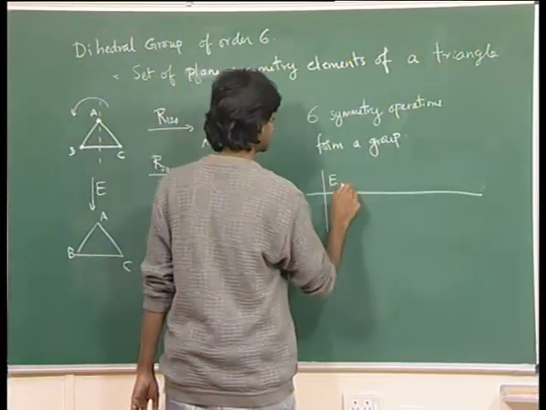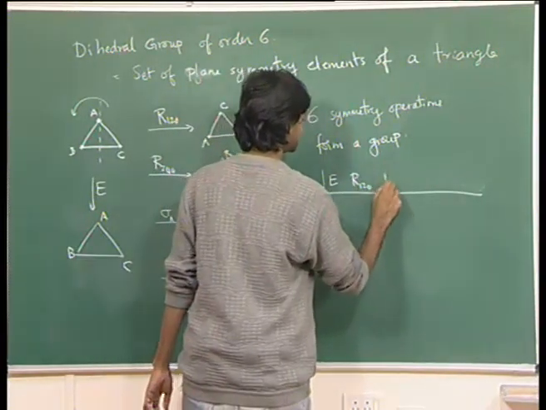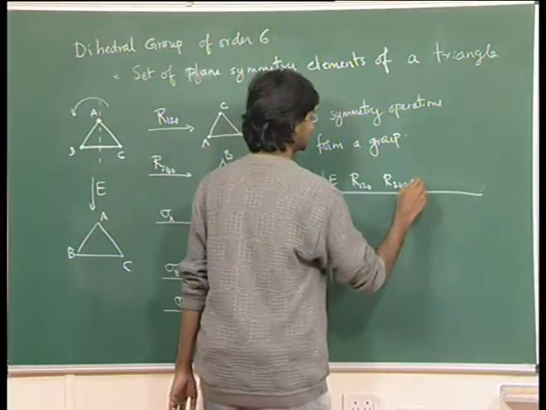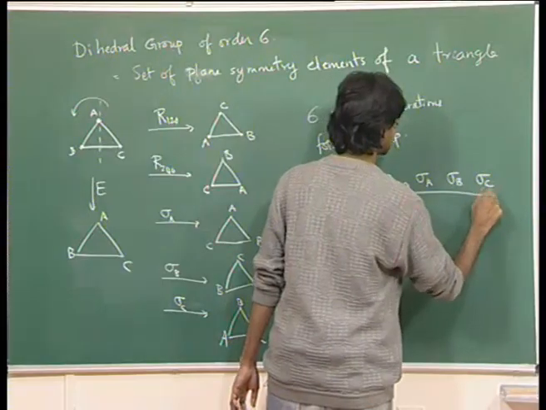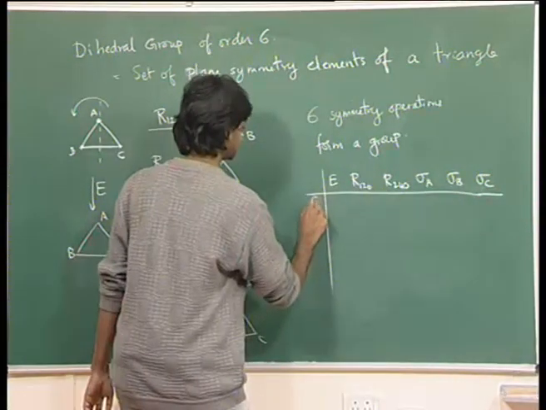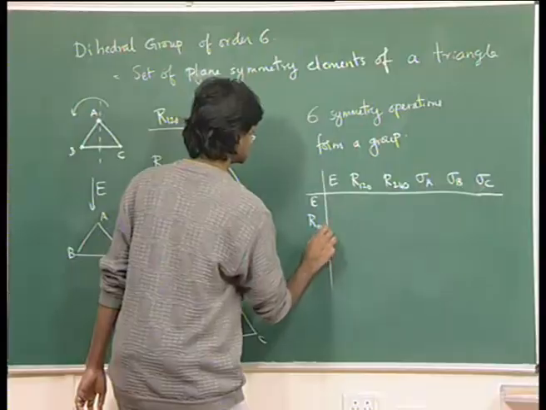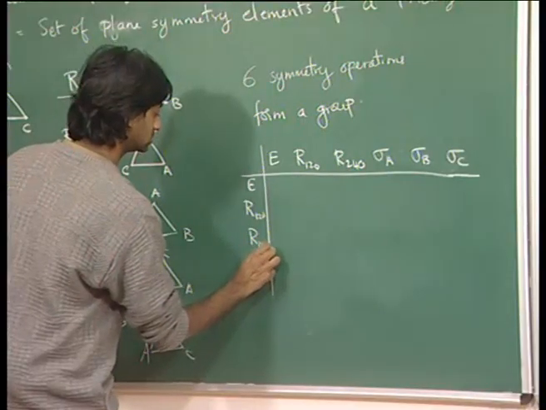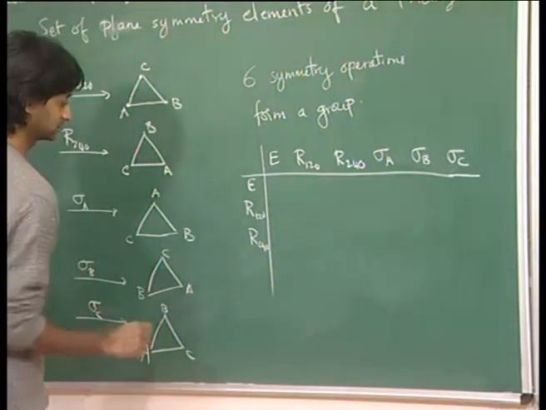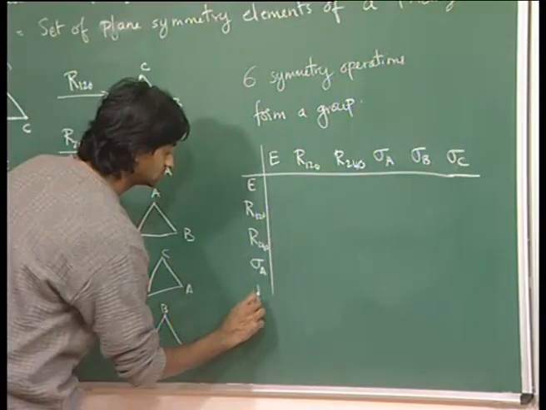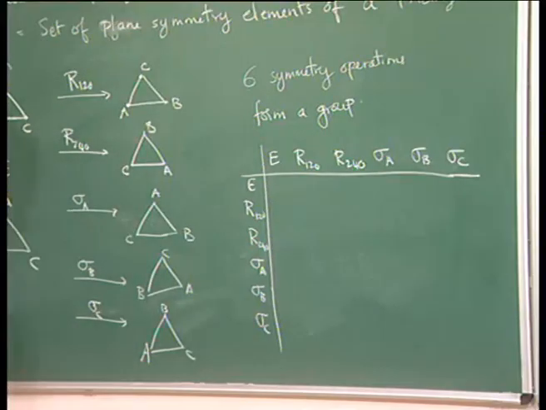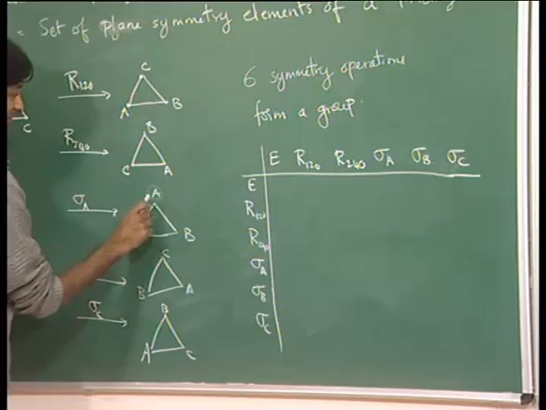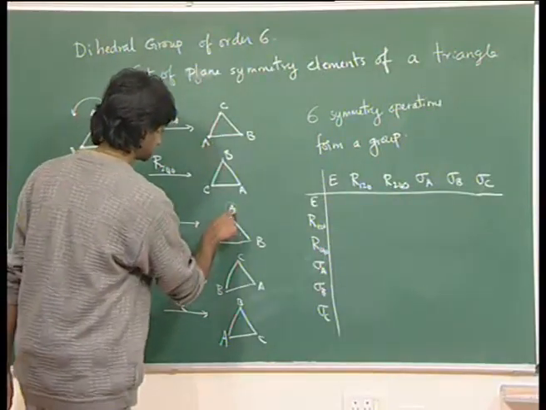So, we have E, R120, R240, sigma A, sigma B, sigma C. I choose to define my sigma A as reflection with respect to the top point.